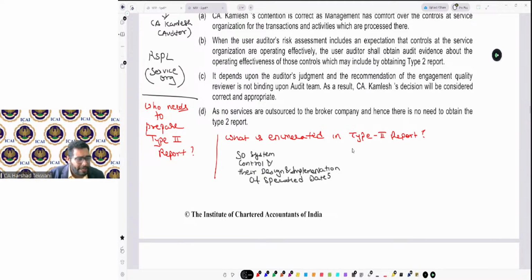So the service organization details and everything is prepared by the management. Then once the description is prepared by the management, the auditor provides a reasonable assurance on that.